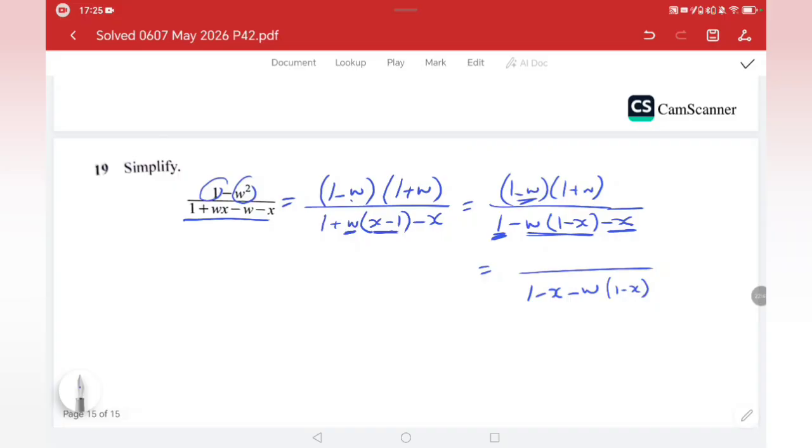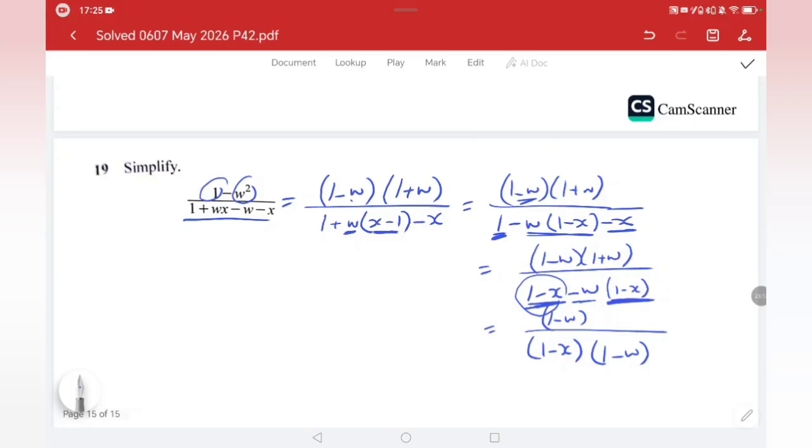So what we have then, this one is the same as this one. I can factorize one of them outside. What will remain here? Only 1, and here minus w. So what we have, 1 minus w and 1 plus w.